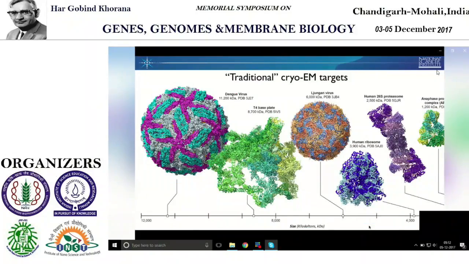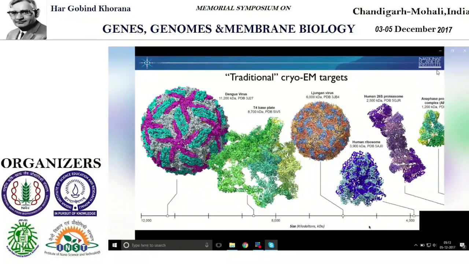One of the changes in cryo-EM in the last decade is the ability to investigate structures of smaller things. Cryo-EM as a discipline itself is not new. It has been used by a number of scientists at the lab for well over a decade.